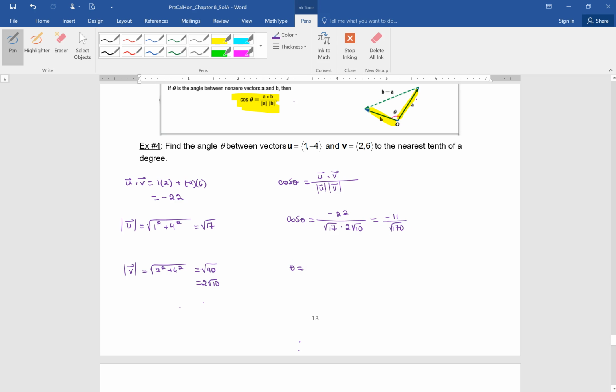So what's theta? Somebody, anybody? That's the one. You cancel out with the 11. Sarah got the right value, so everything else must be right there.